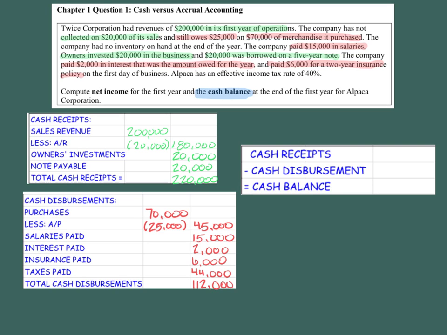So we'll put cash receipts over here of $220,000. We will subtract $112,000 of cash disbursements, and that will give us the cash balance of what we're looking for, which is $108,000.